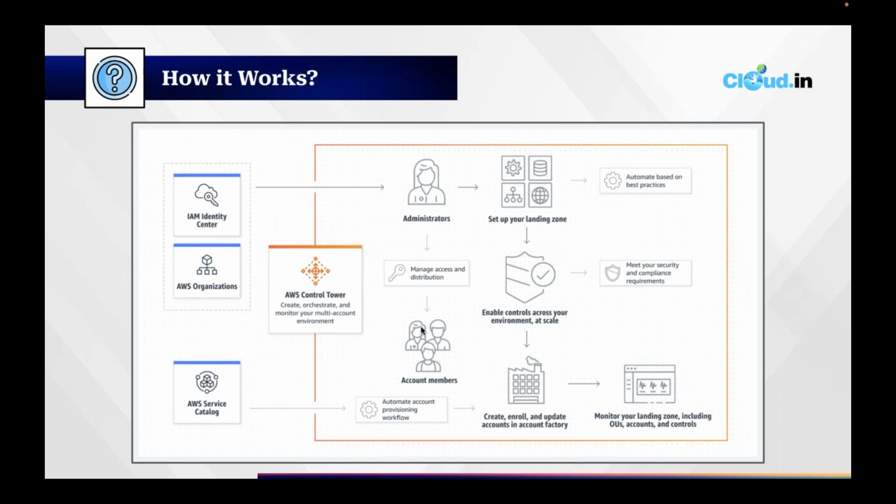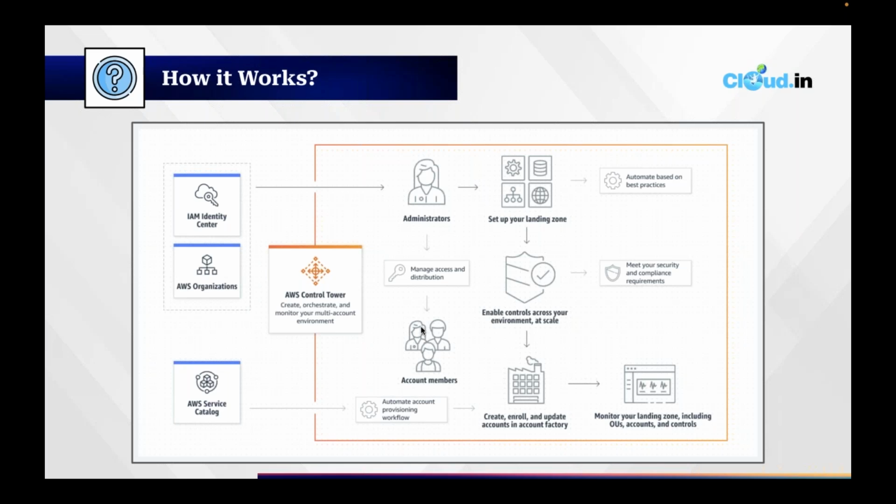These categories of guidance apply to the controls: they are mandatory, strongly recommended, and elective. These are automated policies that help you ensure security and compliance.